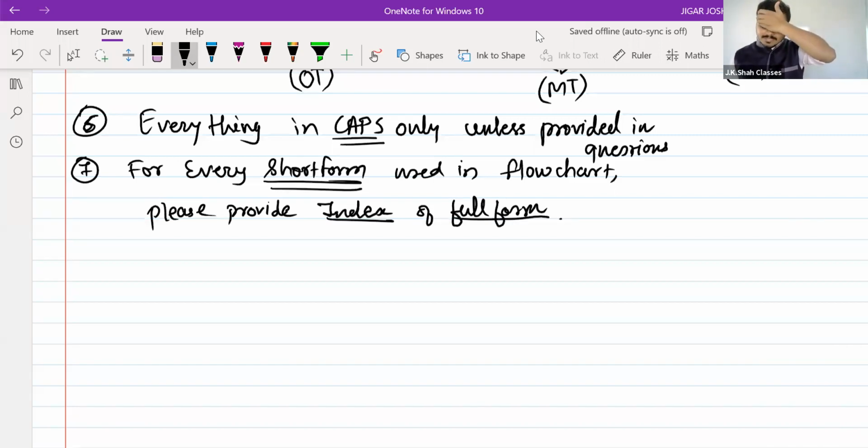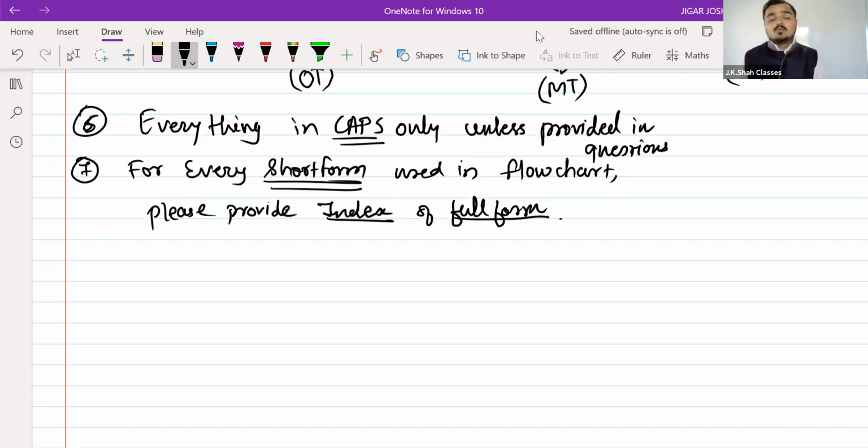Understood? Yes, sir. So whenever, my dear child, you are using any short form, defining any short keywords for a big word, make sure that in an index you provide the full form of the same.